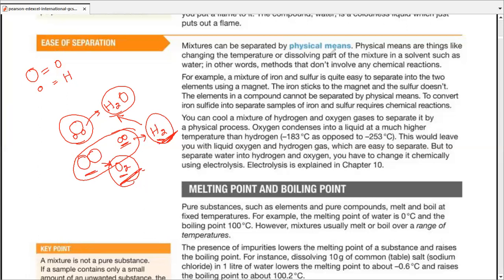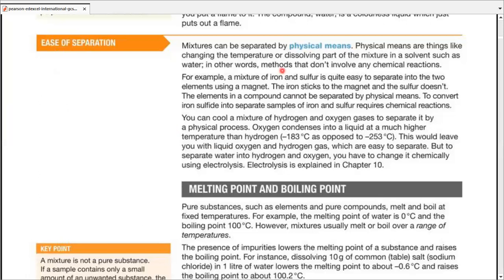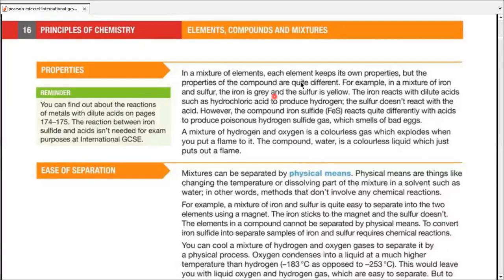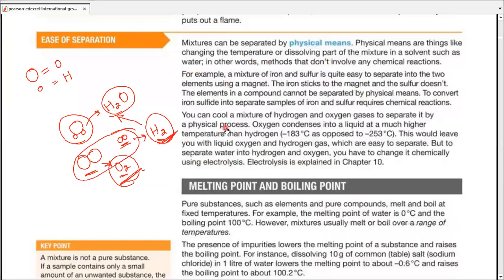So the elements tend to keep their properties in a mixture. The compounds are actually different. I did not understand this property. What I'm trying to say is that when the elements or compounds are combined in a mixture, they tend to keep their properties.